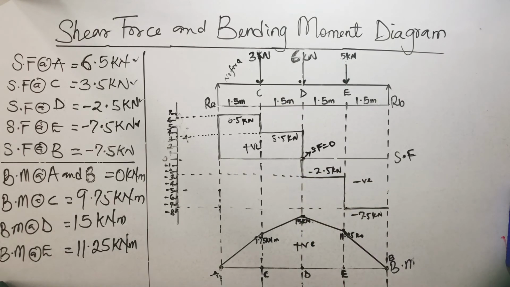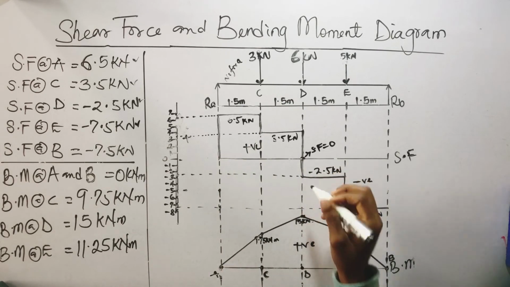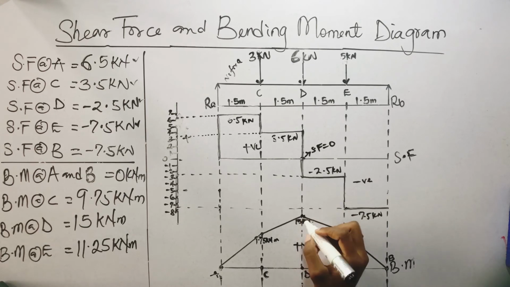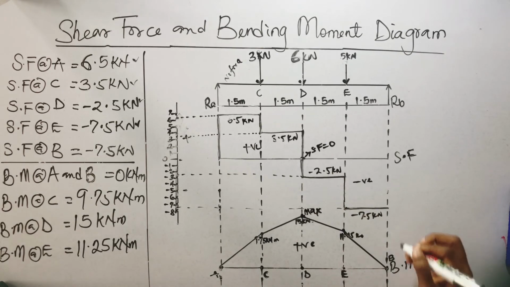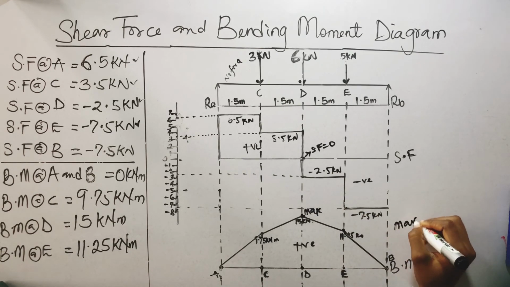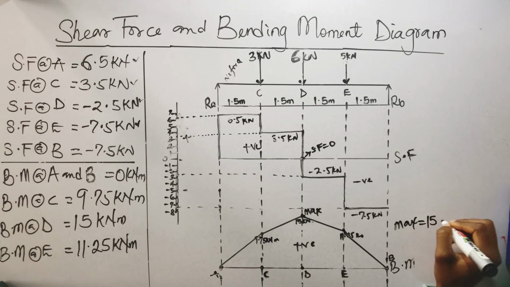When we trace that point down, it marks the point where the bending moment is maximum. Also, the maximum bending moment is also known as the highest bending moment value, which is the 15 kilonewton meter value at point D. So that will be all for shear force and bending moment diagram.